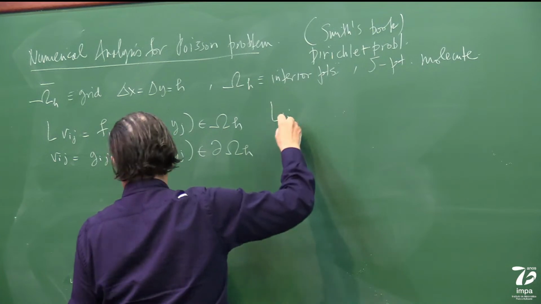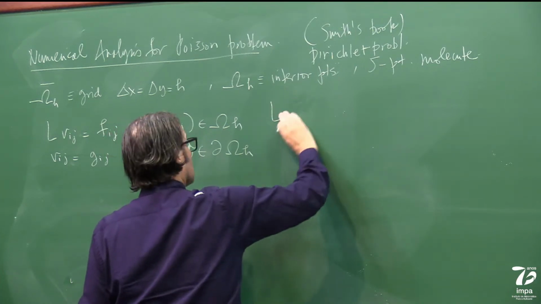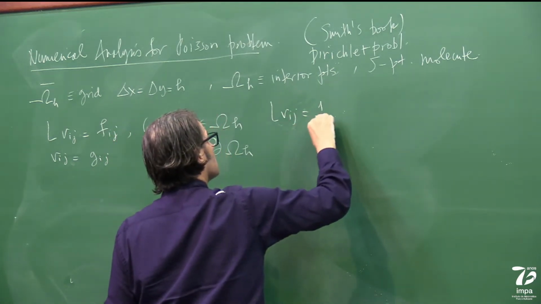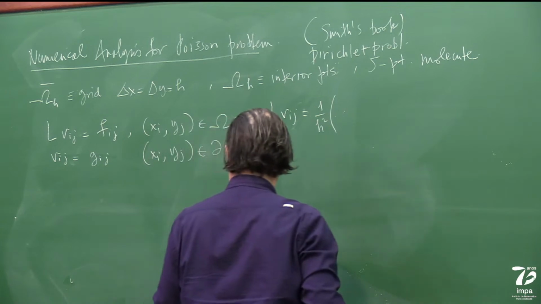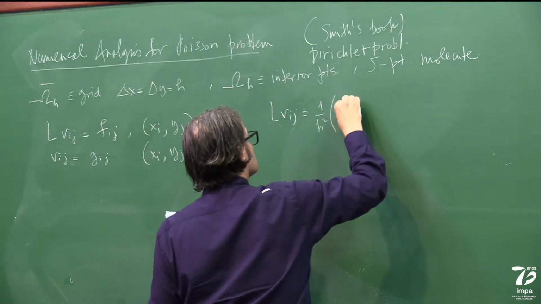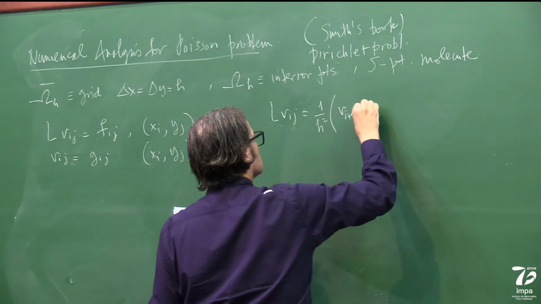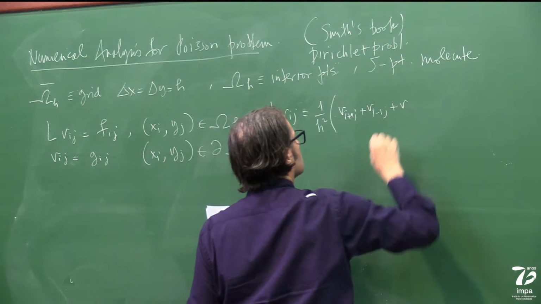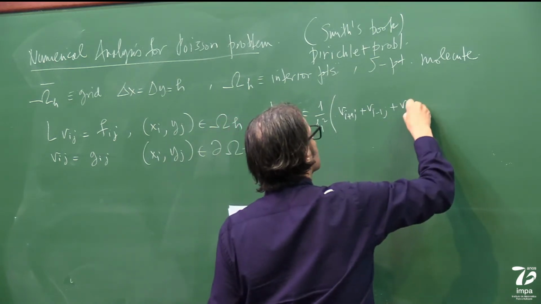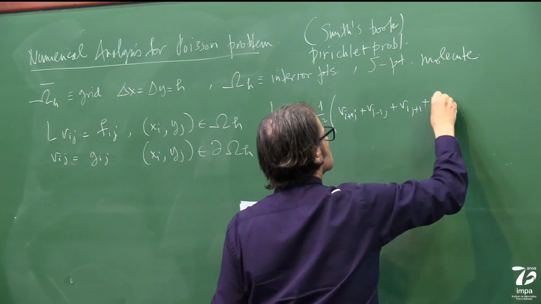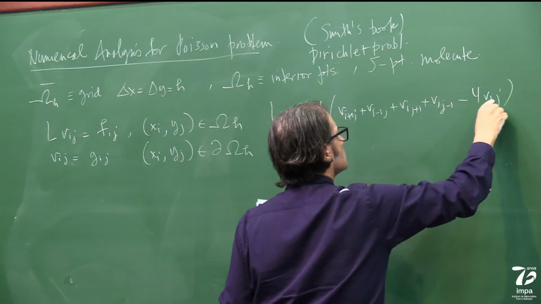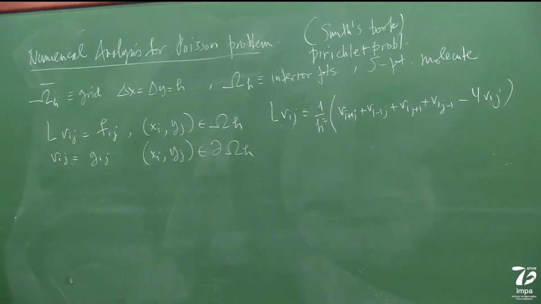Where Lvij, sorry, is equal to 1 over h squared, okay, this is the 5-point molecule.